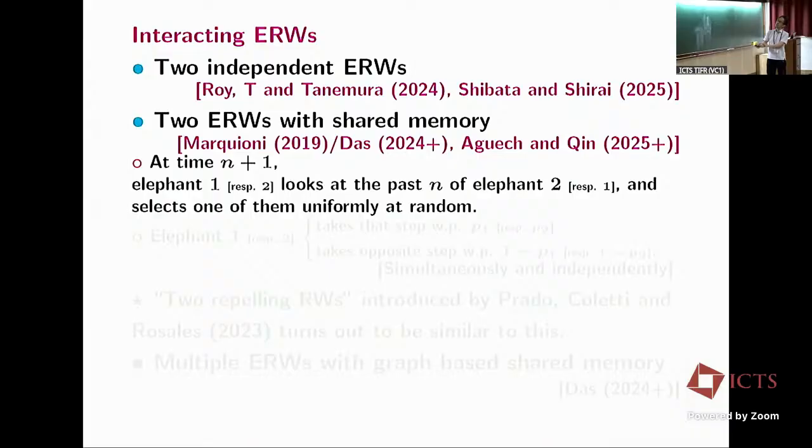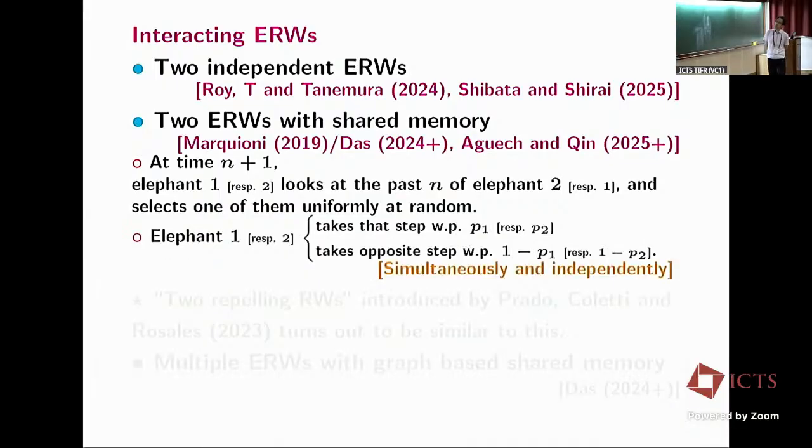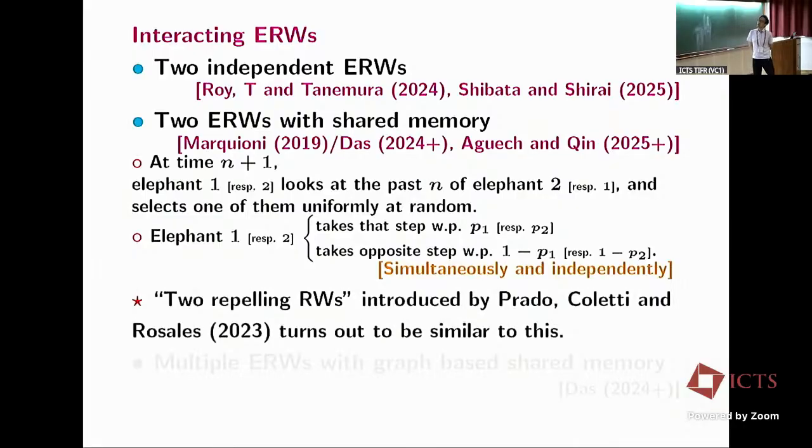Further dynamics is okay. And the parameter can depend on the number of the elephant. And the two repelling random walks I discussed informally turn out to be similar to this kind of model.